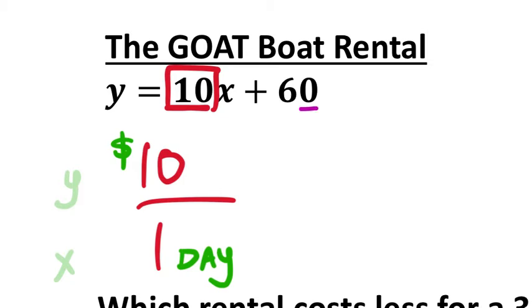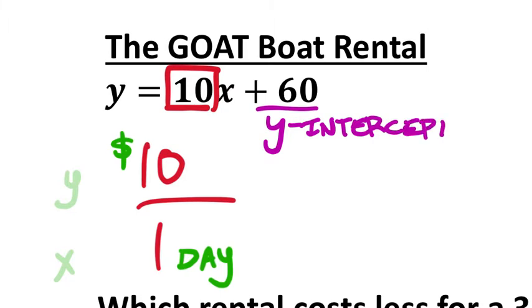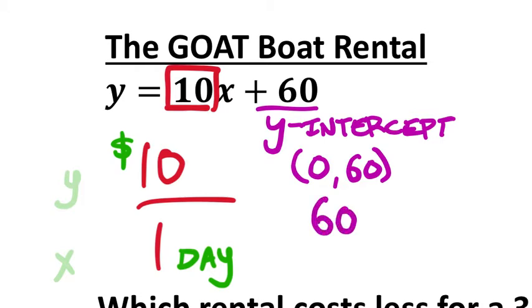And then also they say, hey look, you got a plus 60 right there. That's a y-intercept value, which as an ordered pair would be (0, 60). But what is this telling us then? Well, remember the y value is 60, and the y values are cost. That's dollars. And see the x value here is 0, so that'd be like $60 for 0 days.